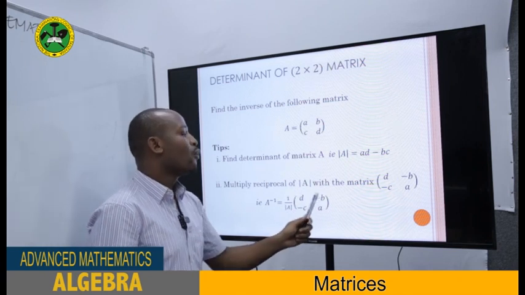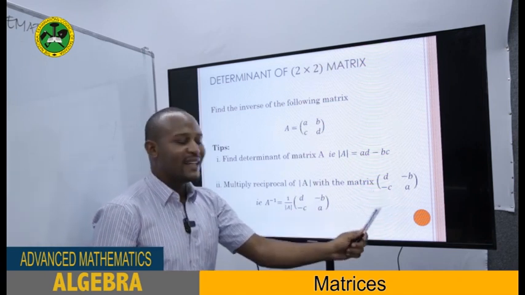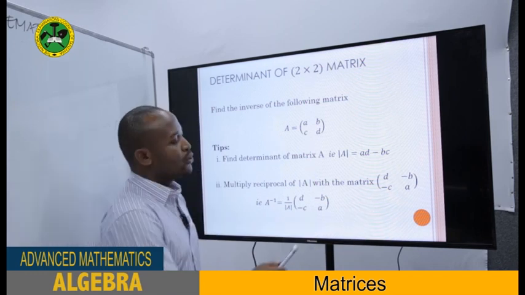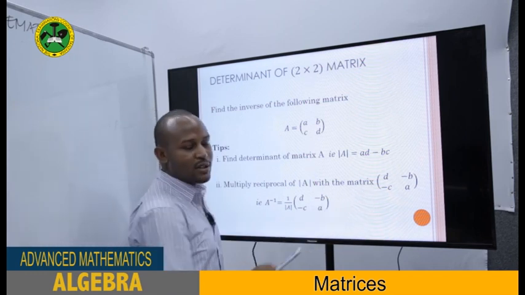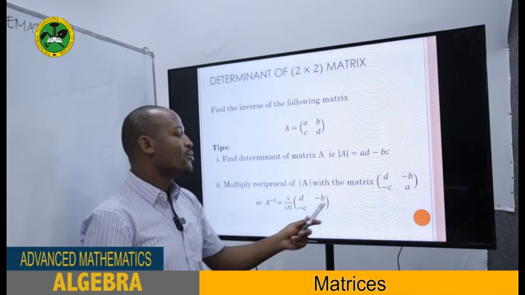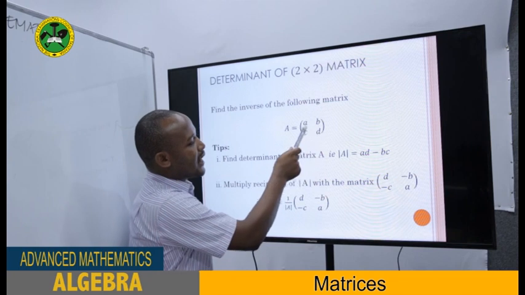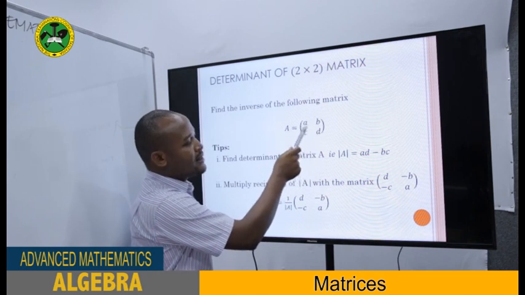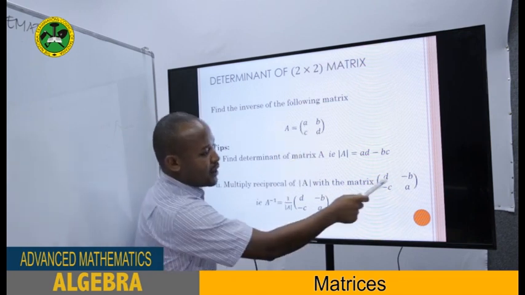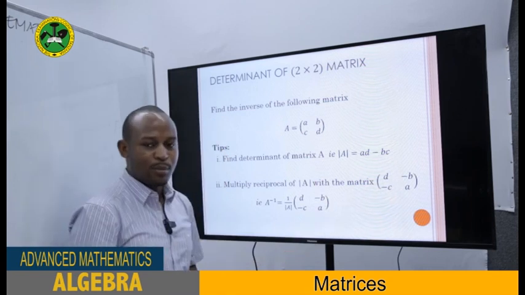You have to multiply it with a matrix of the following nature. You first exchange the positions of the elements that are found in the leading diagonal. Where a was, d comes there, and where d is, a goes there. That means that diagonal exchanges position.